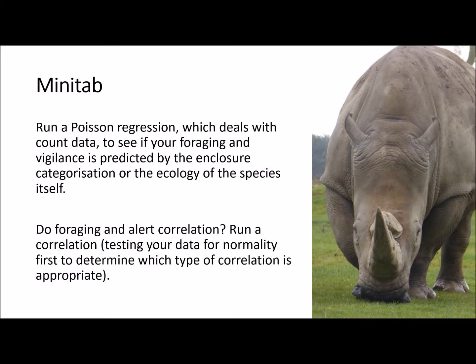So we're going to run a correlation test, and we're going to test our data for normality to make sure that we know that our correlation is appropriate for the spread of data that we've got. We're also going to look at some descriptive statistics, and we're going to look at some post hoc testing as well, so that if we do have any significant outputs from our model, from our Poisson regression, we can see where those significant differences lie.